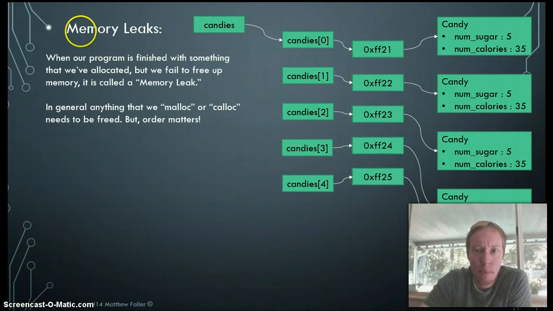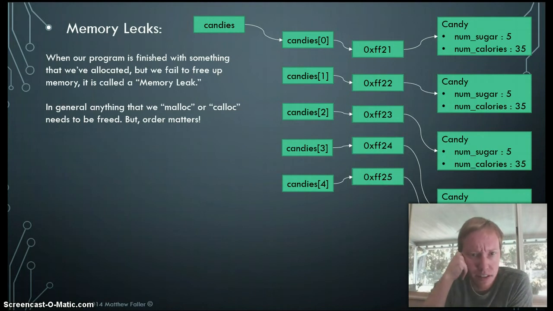So let's talk about memory leaks now. We're calling things like malloc and calloc, and every time we do that, we're grabbing a chunk of memory and saying this cannot be used by any other program or any other part of my program, right?